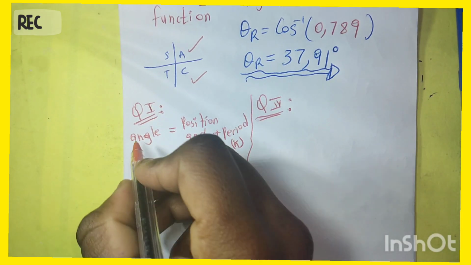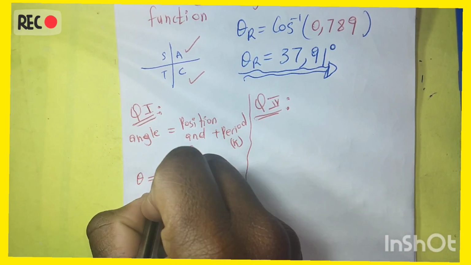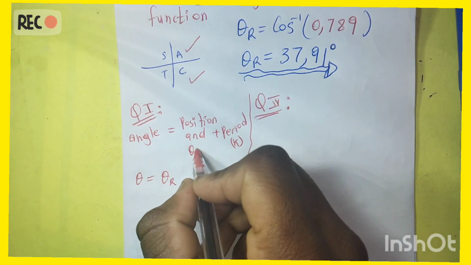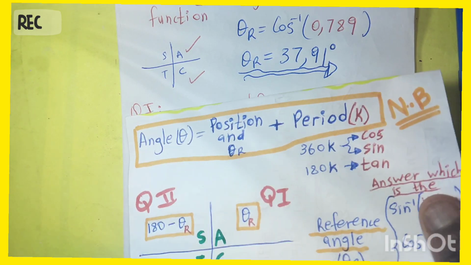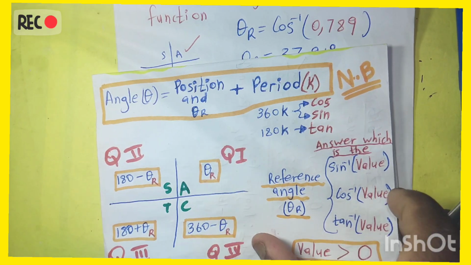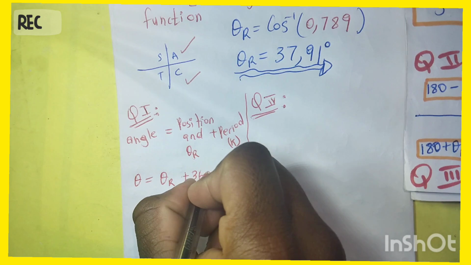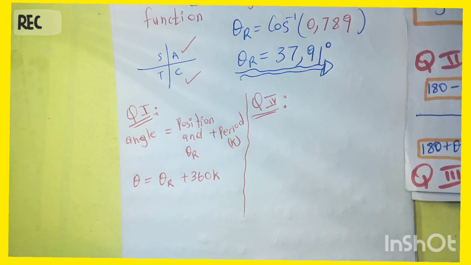So straightforward, this one got this symbol. A position and the reference angle on a first quadrant, it is this one. Position and the reference angle on a first quadrant. Meaning this thing there is this one, and say plus 360K. You only say 360, guys, if it's cos or sine.